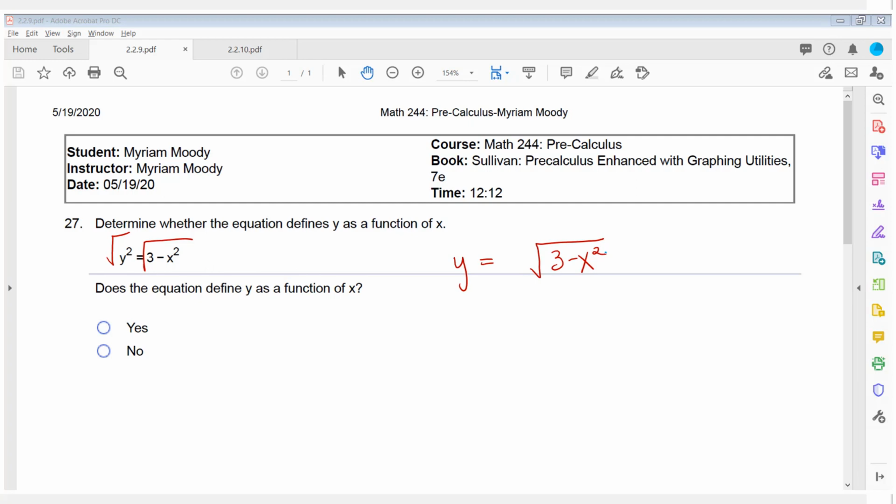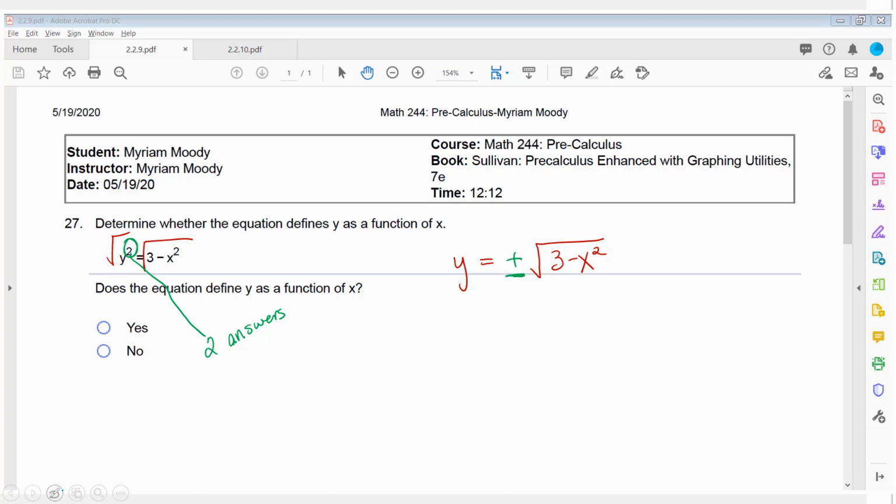Okay, not quite. Some of you are like, why not? Well, here's why not. Do you know what this little square on the y tells me? That tells me 2 answers. Which means when you take the square root, you don't just get a positive answer, you also get a negative answer. This tells me I'm supposed to get 2 answers for y.